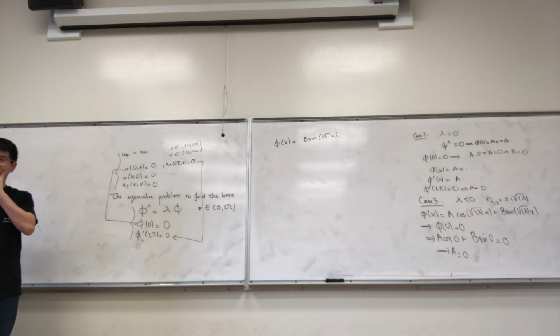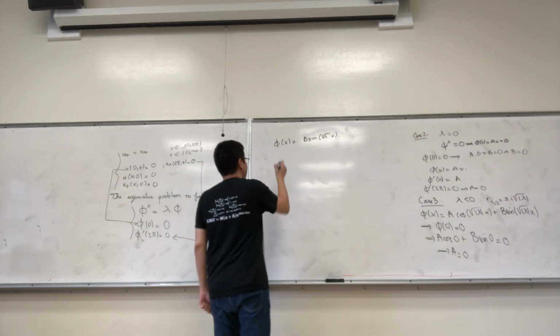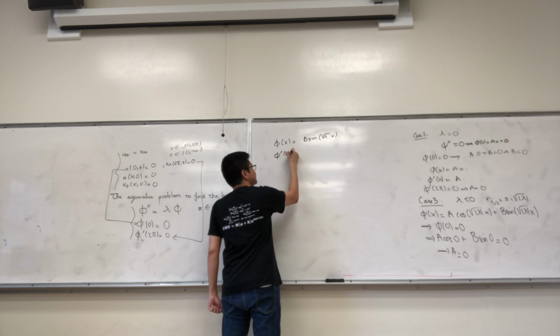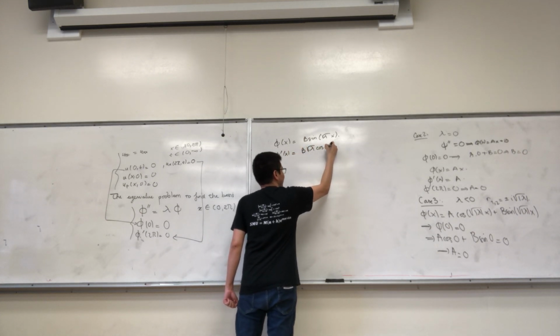So what is the next step? Take the derivative and plug in the second boundary condition. So now we have phi prime of x is b square root of lambda cosine of square root of lambda x.